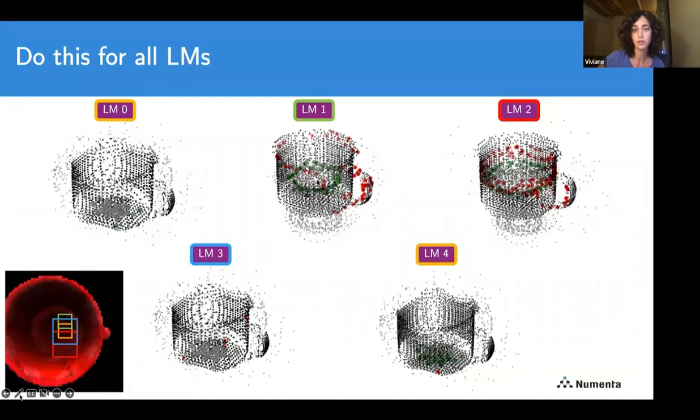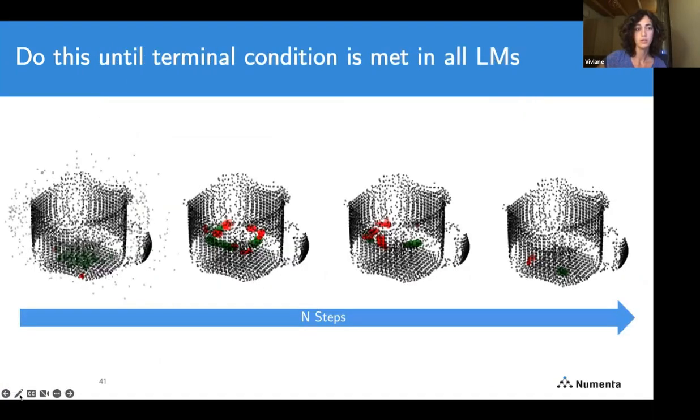So learning module 1 will have different locations on the map than learning module 2 because the sensors are displaced. So that's why we have to apply that pose transformation to send the votes. We do this for n steps to narrow down possible votes. And every step we do an update using the sensor inputs, and then we do an update using the votes.